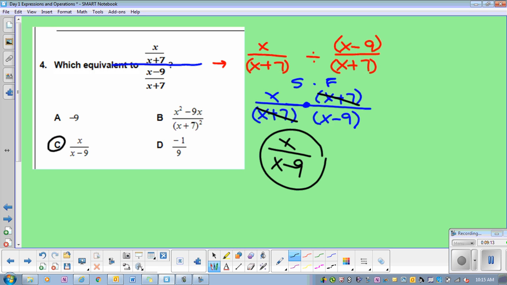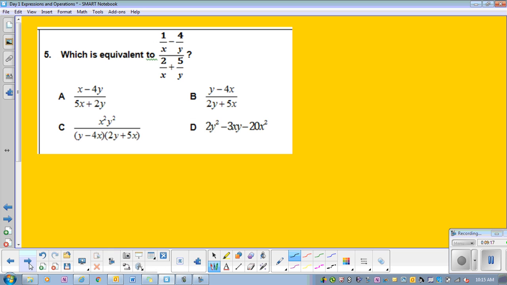All right. I think this is the hardest section in this whole packet. This problem would be the hardest type, right? You have a complex fraction, so you have a fraction on top of a fraction, but you also have to subtract and add.